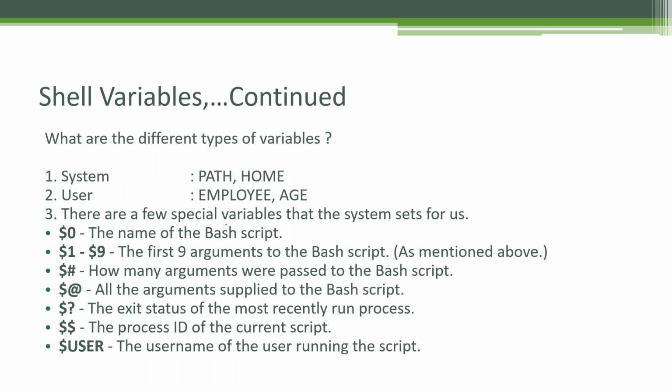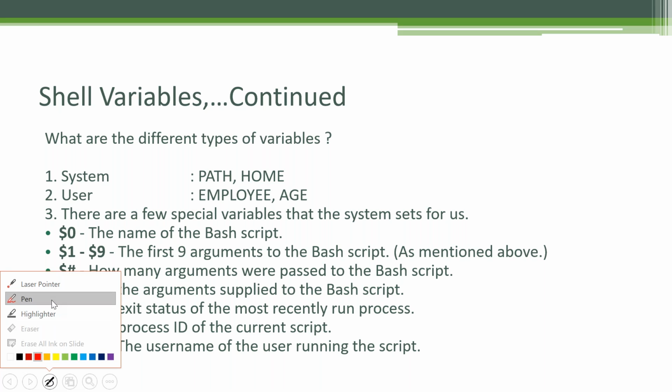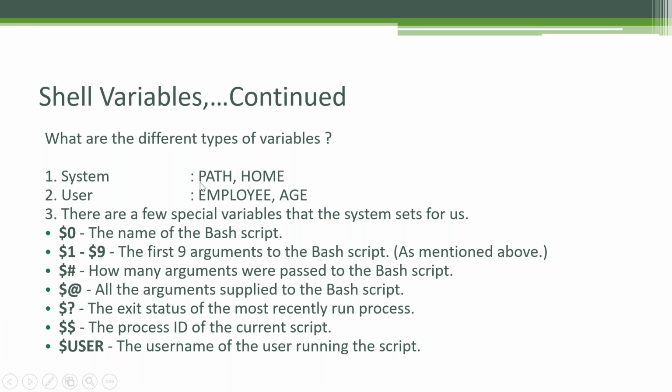Now this slide talks about what are the different types of variables that are available in shell. There are certain system defined variables, like let's take the path variable as an example. PWD is there.